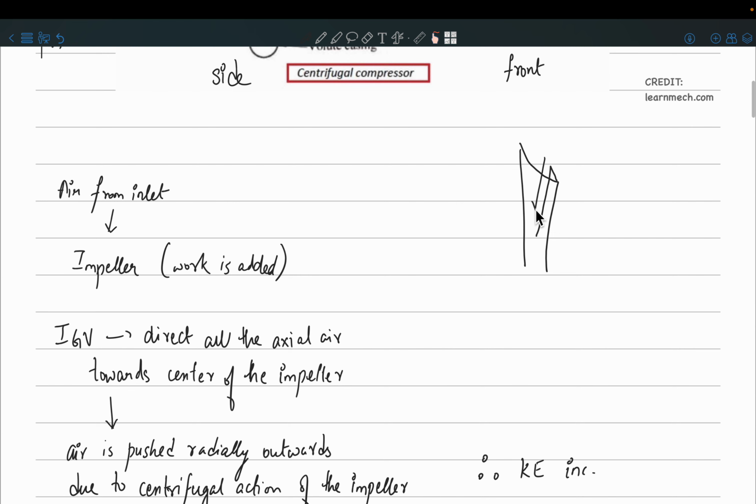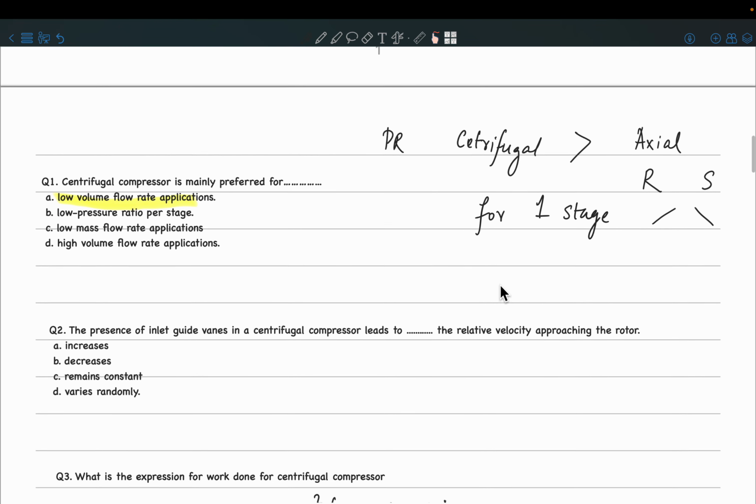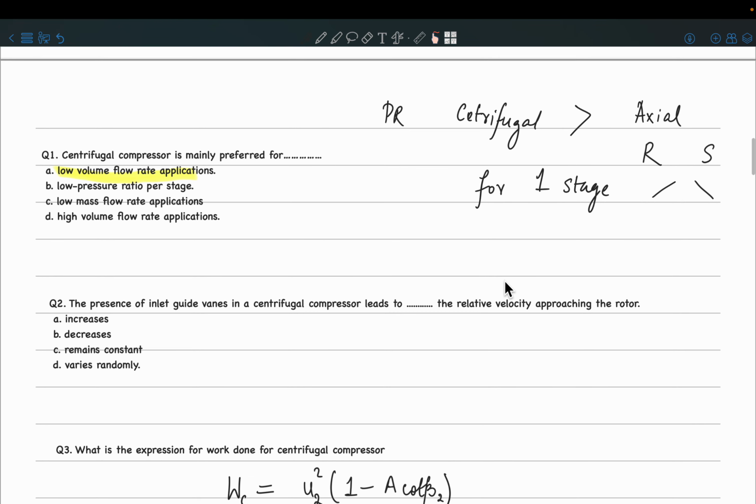So the flow is forced in this direction, so it moves towards the center, and then by centrifugal action the air will be pushed outwards, right? In the process of bringing the air towards the center, the energy which is lost is the kinetic energy, right? So it should decrease the relative velocity. Do you understand?